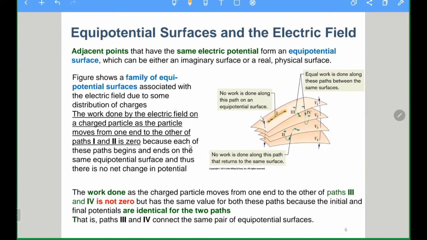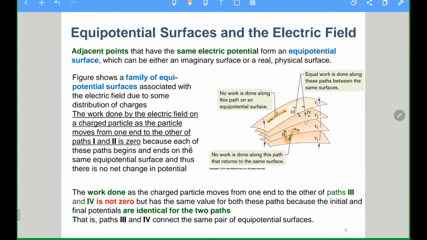And path 2, let's see, path 2 is here. So the starting point and the end point of path 2 are both on the V3 surface. However, the path itself is not all the way on V3. However, when the charge goes from this point along this path and then goes to the end point back on the V3 surface, then the work done is still 0 for this path, of course from the E field.